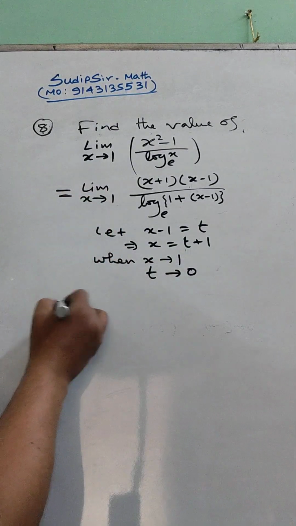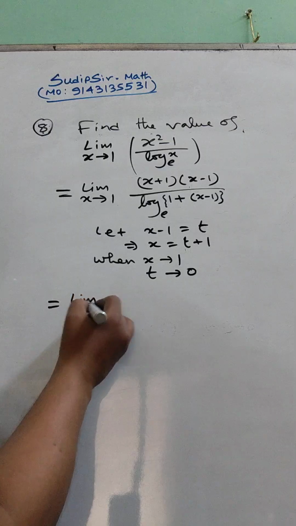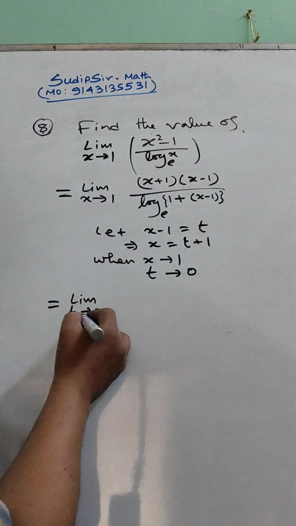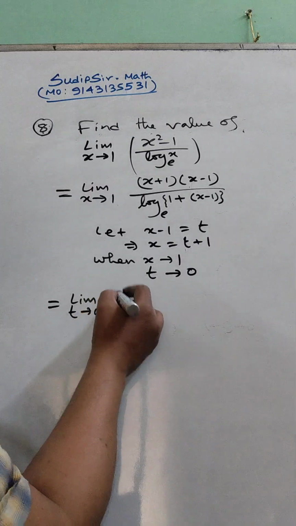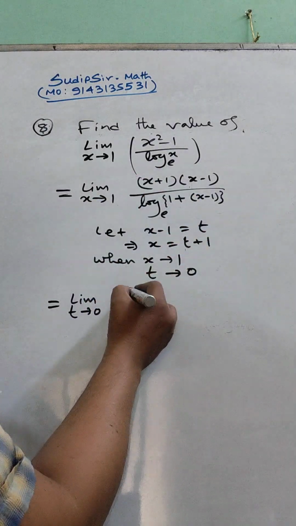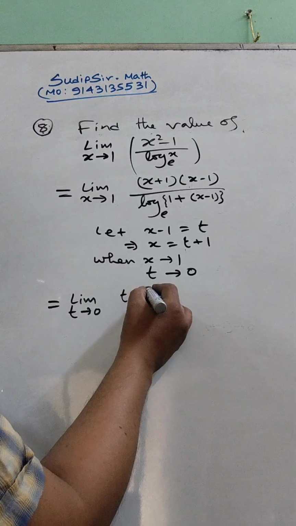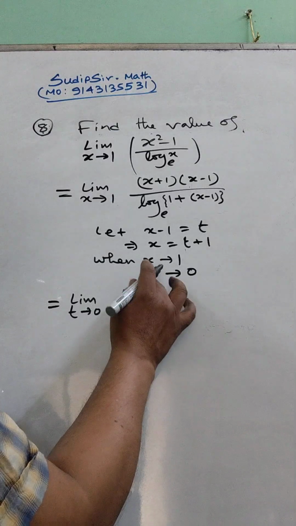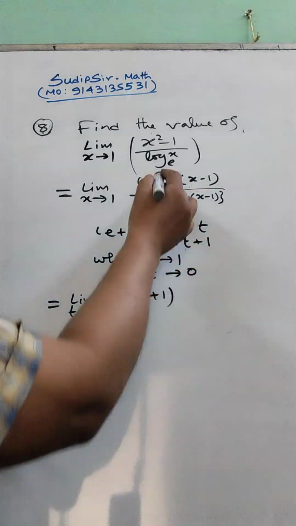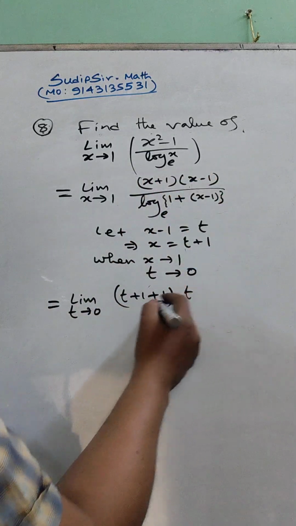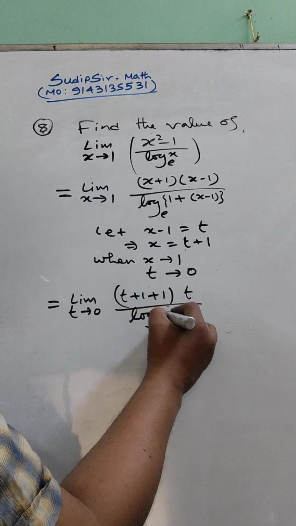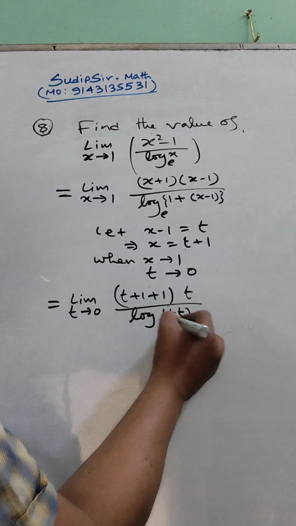So your new limit becomes limit t tends to 0. Now put the value of x, which is t plus 1: t plus 1 plus 1, and this is t by log of 1 plus t.